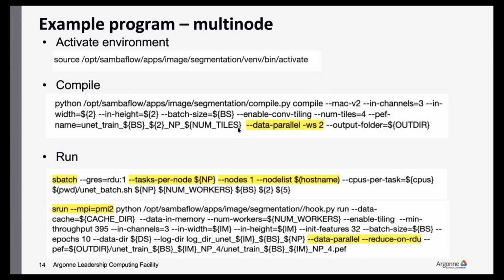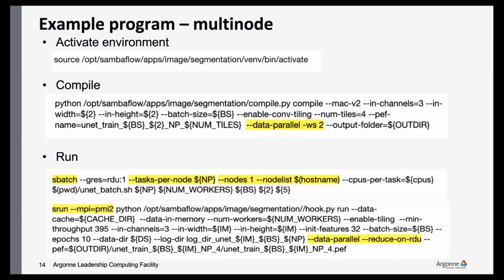Most specifically, when we want to do data parallel distributed training, the most essential parameter you need to pass as part of your compile command is the one highlighted in yellow here, which is data-parallel and world size equal to 2.